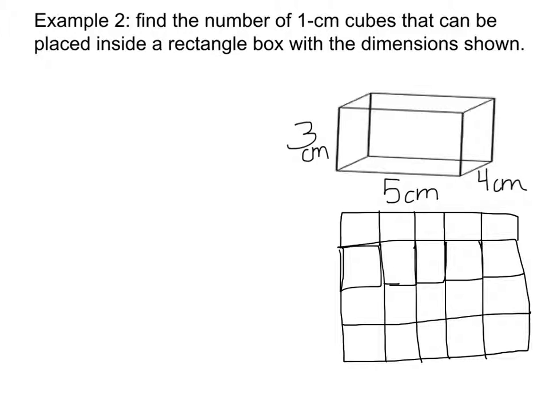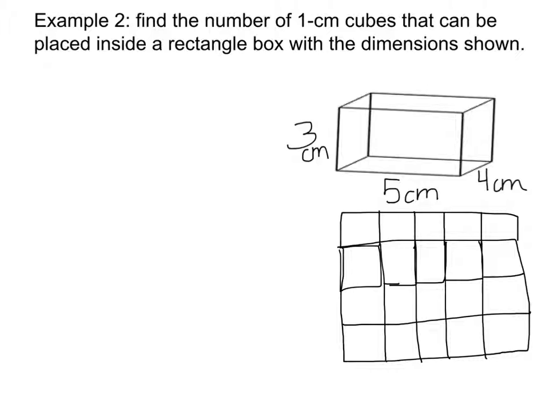So this will be the bottom layer that will sit right in here. All right, I've got 1, 2, 3, 4, 5 by 1, 2, 3, 4. So that's going to sit here on our bottom box. But I have 3 rows of these, so I'm going to have another layer that sits on top of that and on top of that.